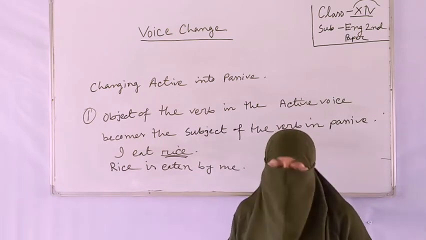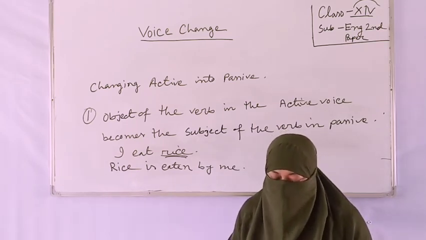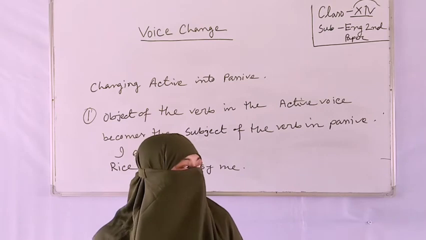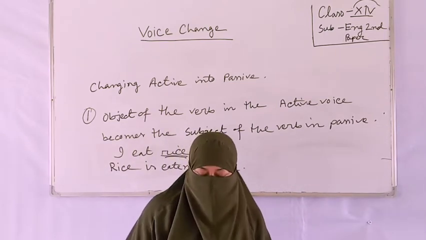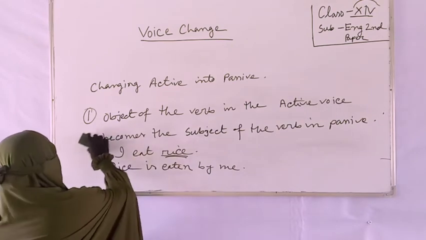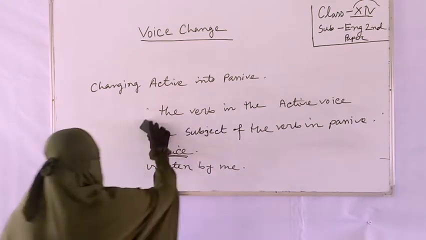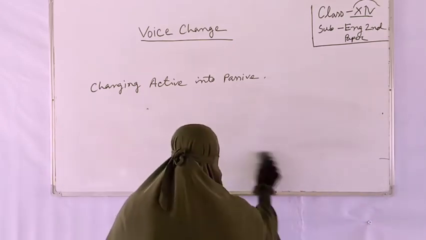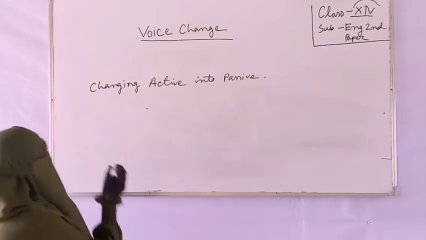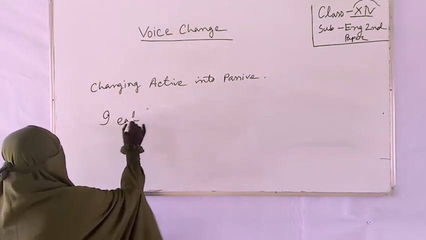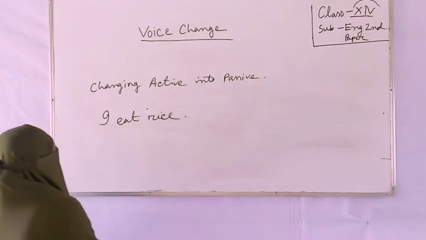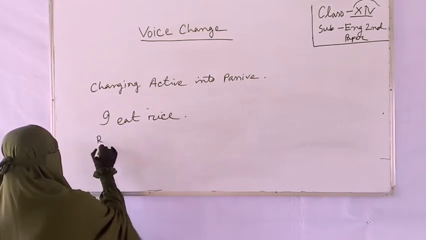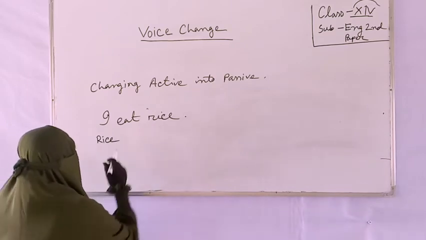Then rule number 3, the main verb is changed into the past participle form and it is preceded by the correct form of the verb to be in passive voice. I eat rice. I have mentioned that subject will be object and object will be subject.